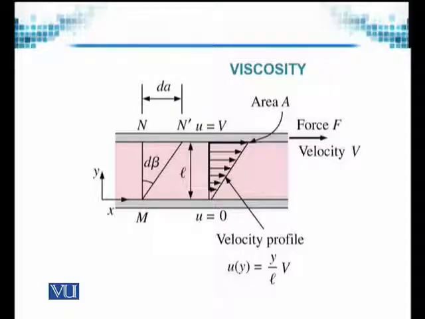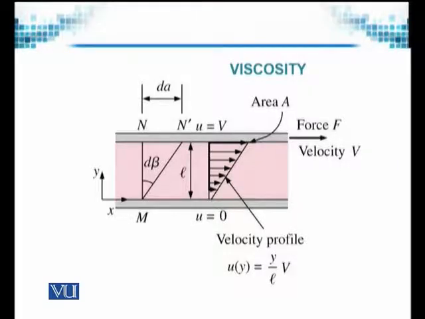When the movement is small, if we are considering a small movement, then it is represented by dx if it is in the horizontal direction. If it is angular, then d alpha or beta or whichever is the angle under consideration.